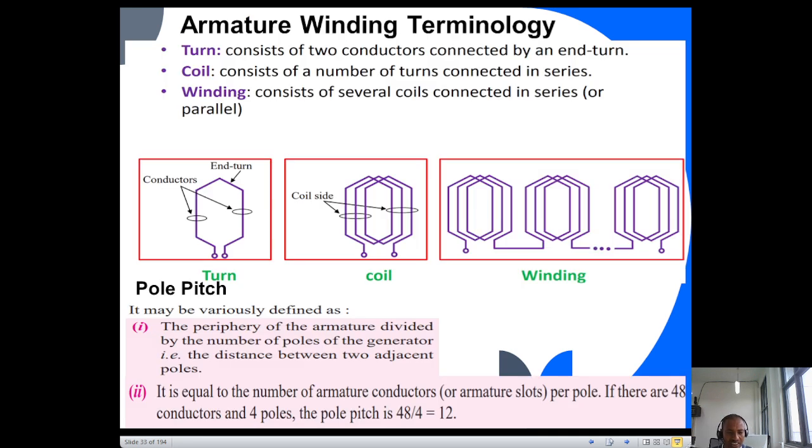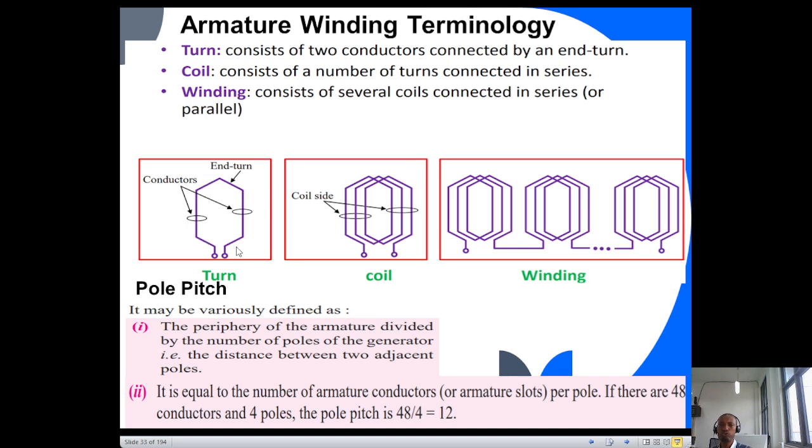Having said this, let us come to the armature winding terminologies. There are common terminologies which we have to keep in mind when we talk about an armature winding. The first one is turn. If you observe this figure or diagram, we call it a turn.